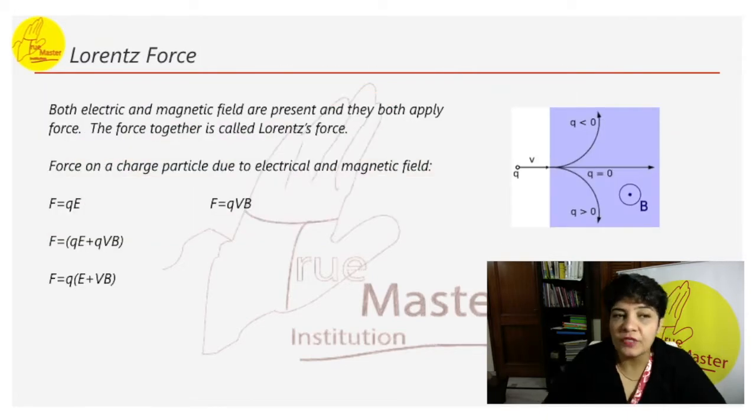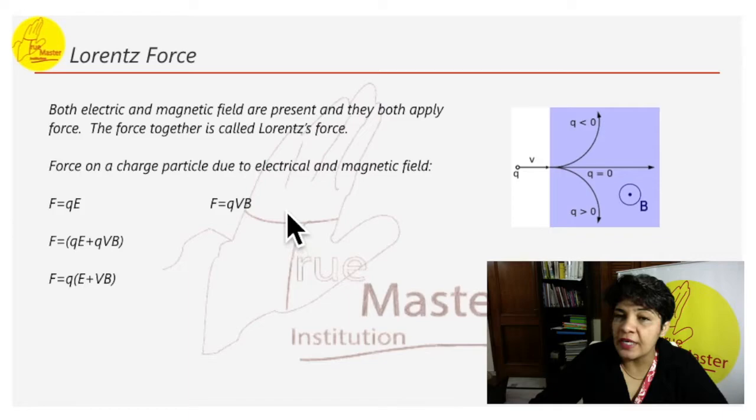Now comes Lorentz force. The total force experienced by a charged particle moving in a region where both electric and magnetic field are present. Force on a charged particle due to electric field is F equals QE. We know this is the force by electric field, and this is the force by magnetic field, F equals QVB.